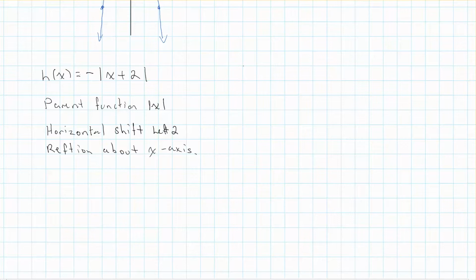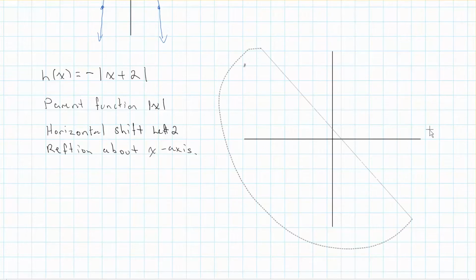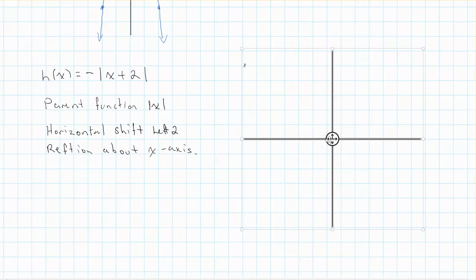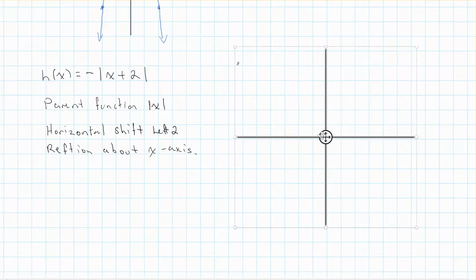Alright, so let's look at the graph. First we should sketch our parent function, which for absolute value is pretty straightforward.